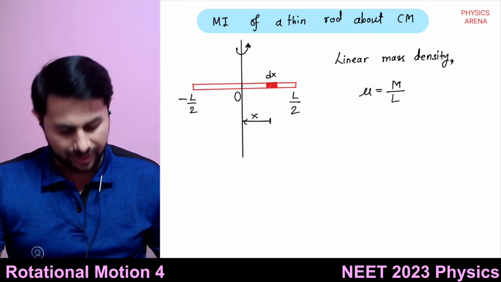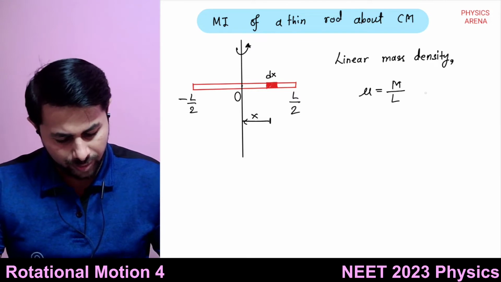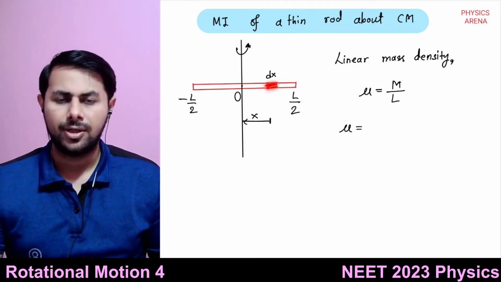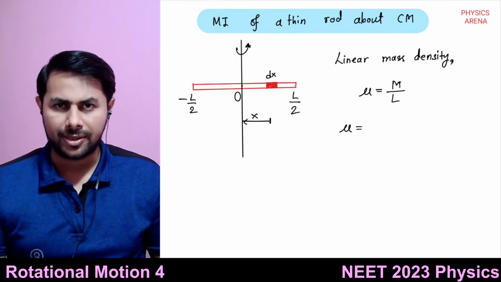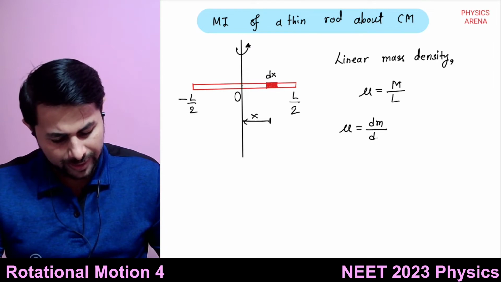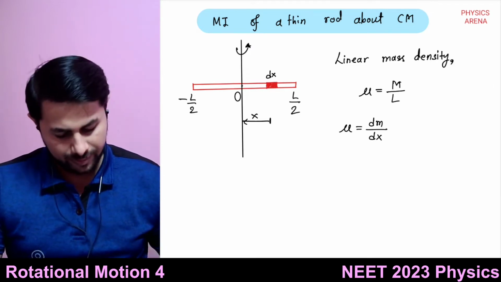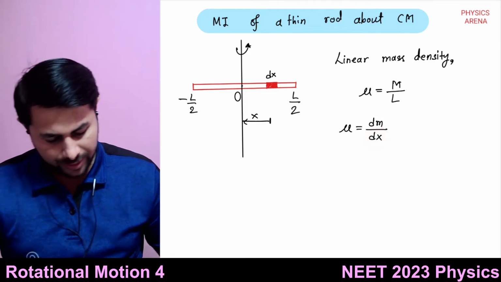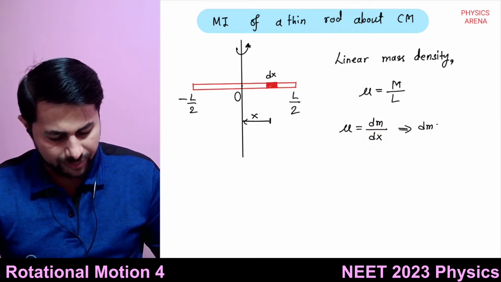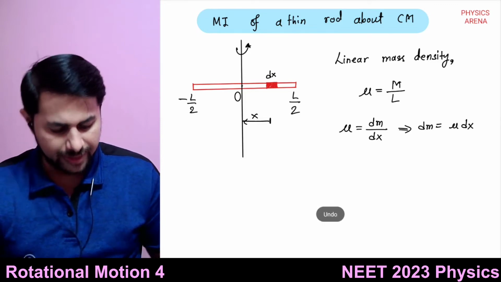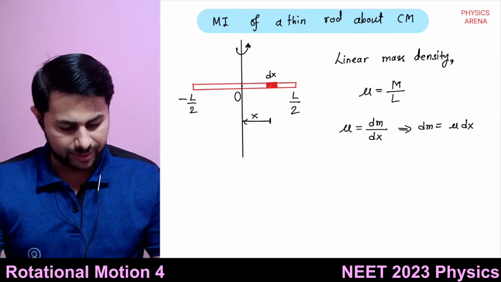So for this small segment, mu is equal to the mass of this small chunk, dm, divided by its length dx. Taking dx to the other side, I get dm is equal to mu times dx.